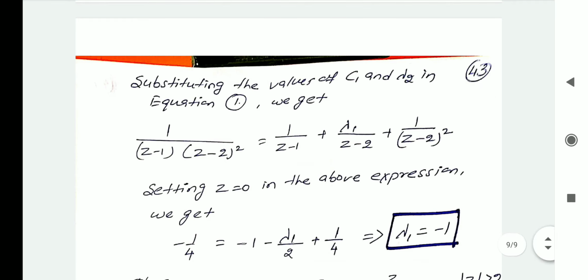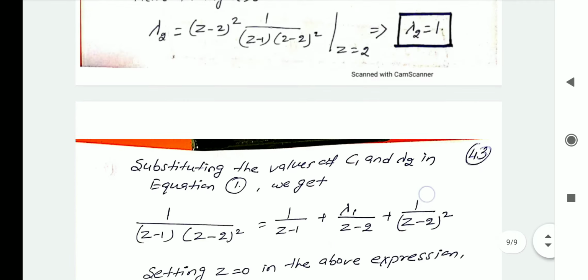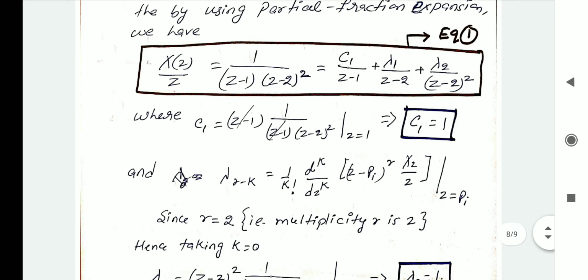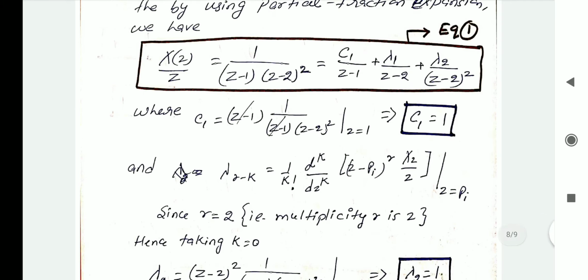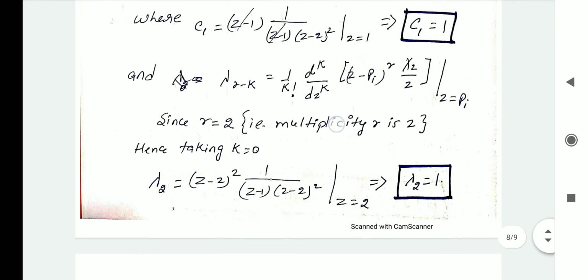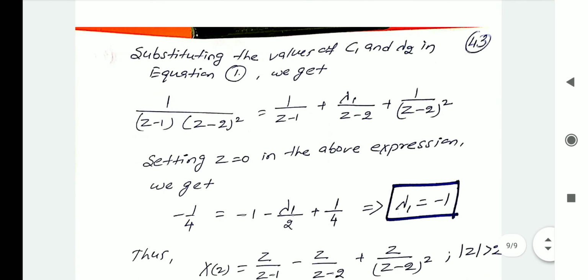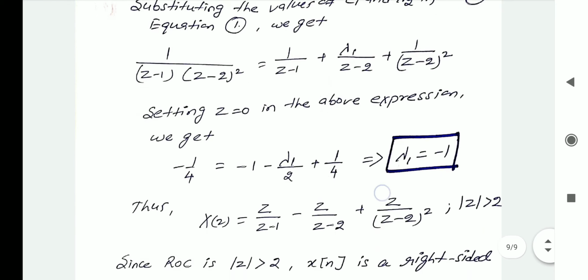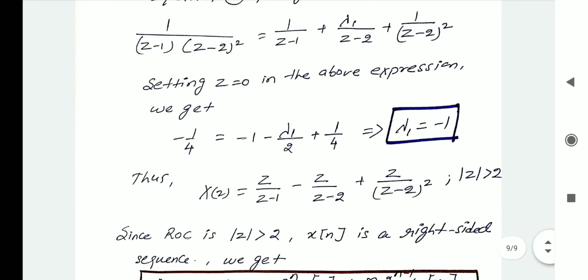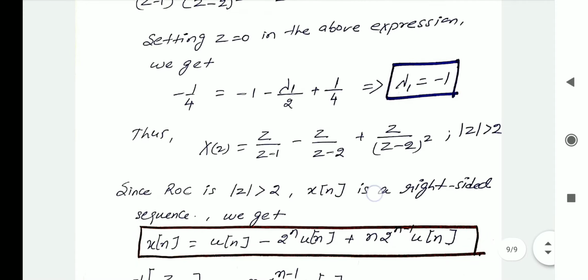Now setting the value z as 0 in the above equation. We have substituted the values of C1 and lambda 2 in this equation, and finally we are putting the value of z as 0 in this entire expression. We get the value of lambda 1 as minus 1. Now putting the value of lambda 1 as minus 1, we get x of z in this form.